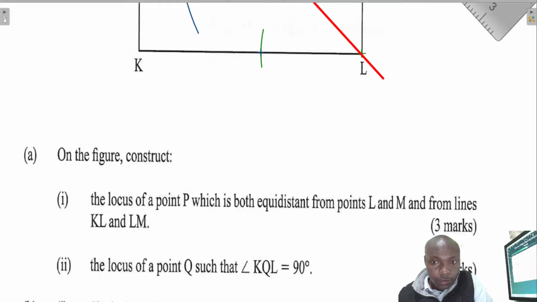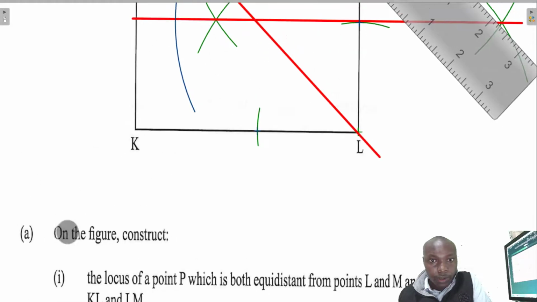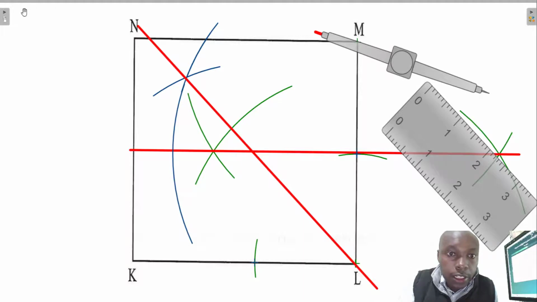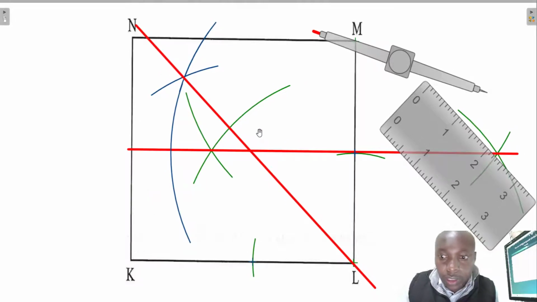So the locus of a point, we need to indicate the point of intersection of those two lines, that is where we have point P. So P is here, somewhere here.